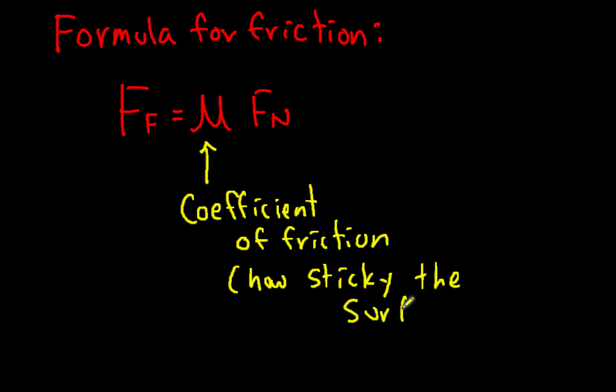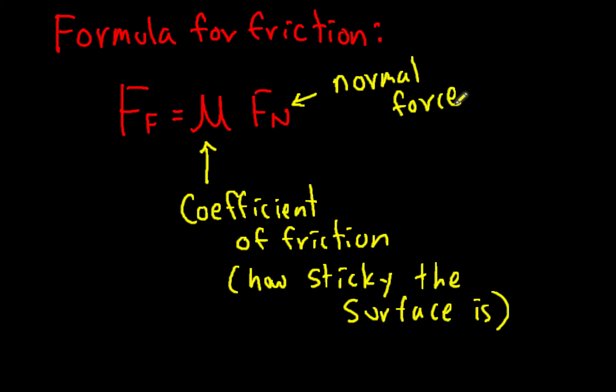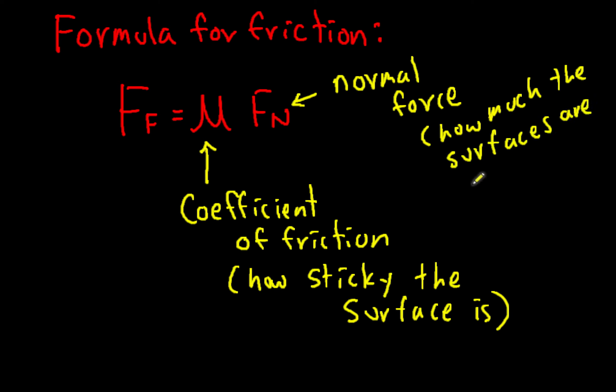Every combination of surfaces has to be tested differently to find out its coefficient of friction. So you'll usually find these on tables or given in problems. You'll sometimes have to find it yourself, assuming that you already have enough information to solve for it. But usually the coefficient of friction will be given. The normal force is how much the surfaces are pushing together.